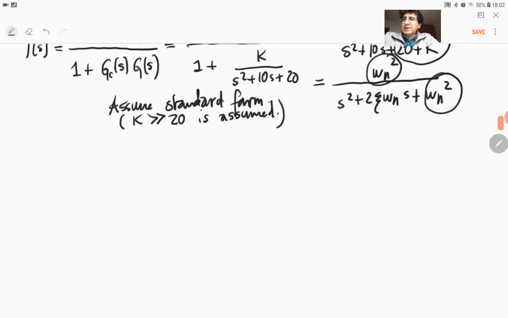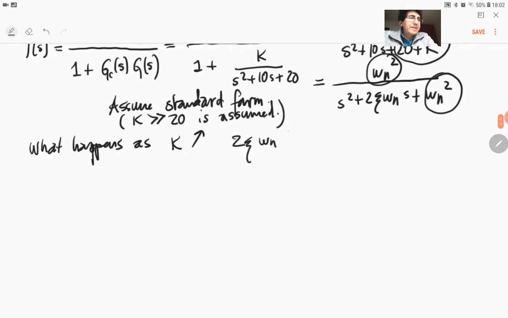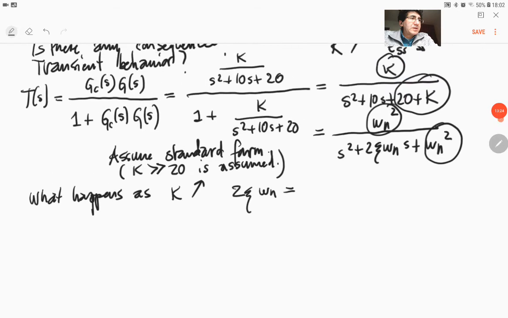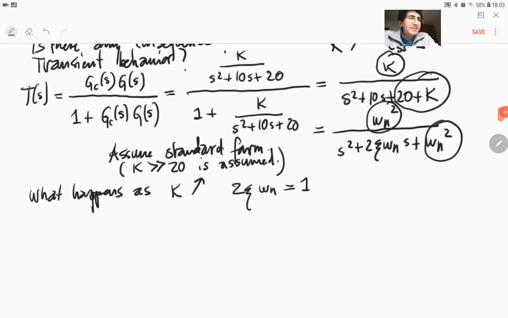So what happens as we increase K? As K is increased, we see that 2 psi omega n in our transfer function is equal to 10.